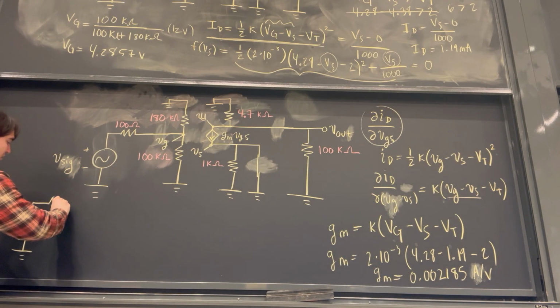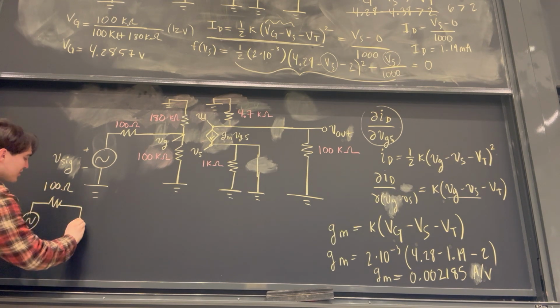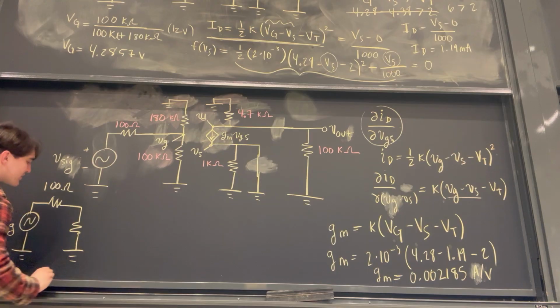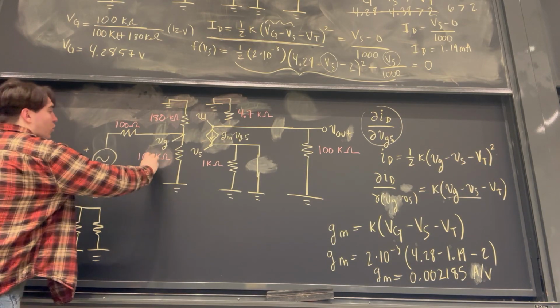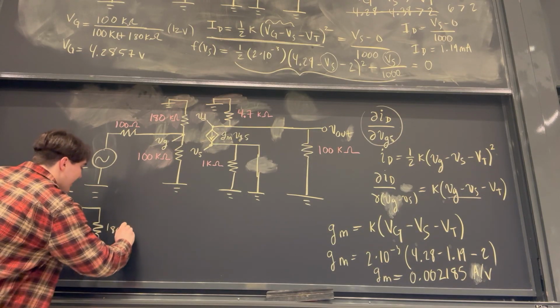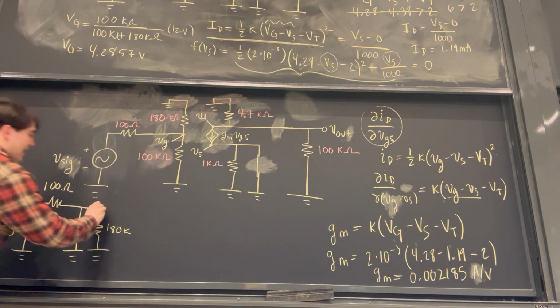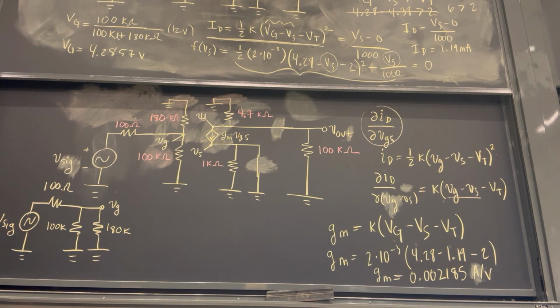We have this 100 ohm resistor, and then let's put both of these resistors to ground right here. We have this 100 kilo ohm resistor to ground, and this 180 kilo ohm resistor to ground, and this node is of course still VG. So this is completely palatable, right? We've literally just flipped this resistor down to make it a little more understandable.